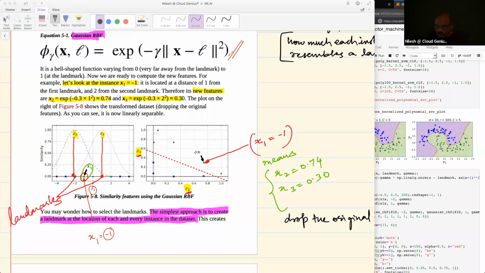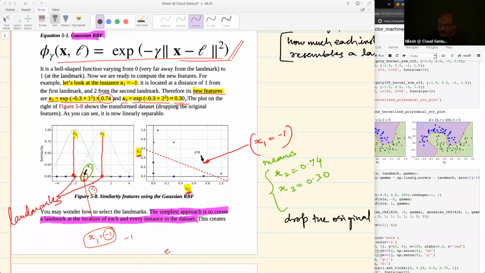And so what that translates to is basically me taking the value of x1, which is -1, and inputting that into this function right here, which basically translates to e to the power... hold on, how are they doing the math? New features are at x2 e to the power, which is 0.74, and x3 is e to the power, which is 0.3.